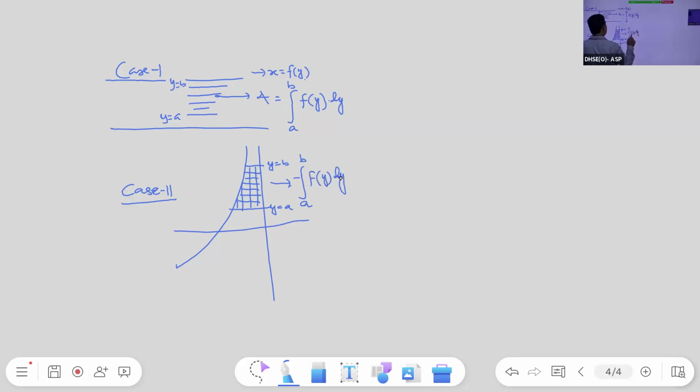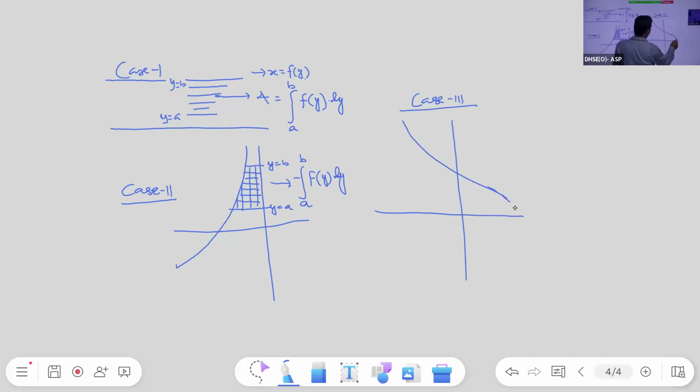Then come to case 3. y is equal to b. Suppose the curve meets y-axis at C. This area is positive and this area is negative.